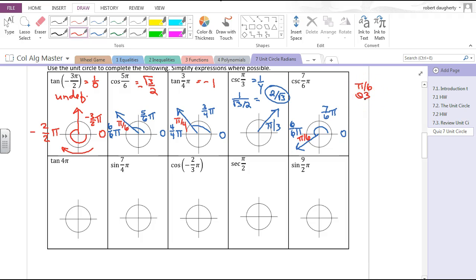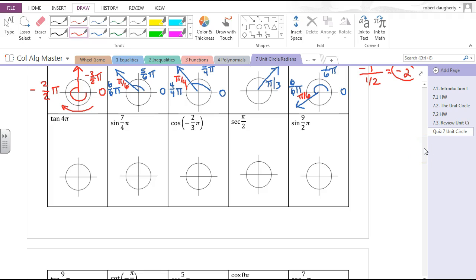Okay. The sine is the y, the cosecant is 1 over y. So what is 1 over y for pi over 6? Pi over 6, the y value is 1/2. So this is just 1 over 1/2. I'm in quadrant 3. If I'm in quadrant 3, the sign is negative. So this is just -2.